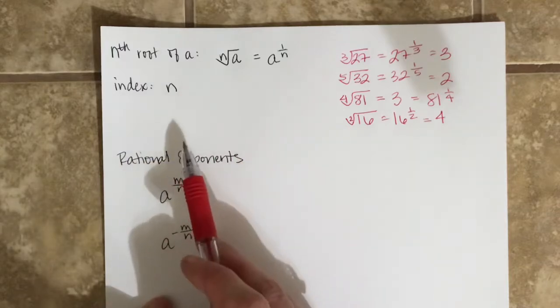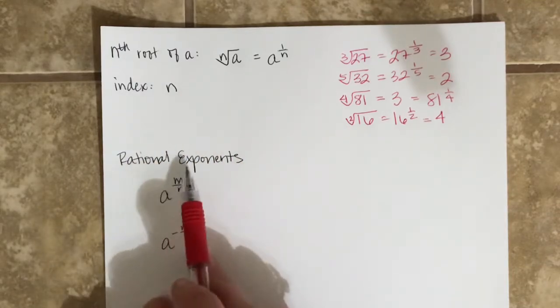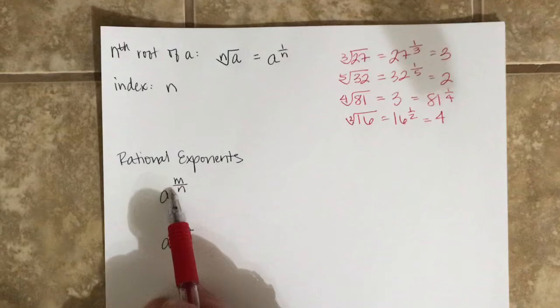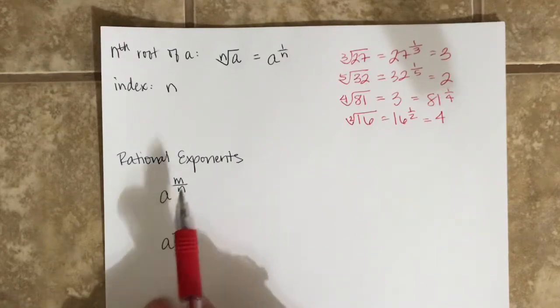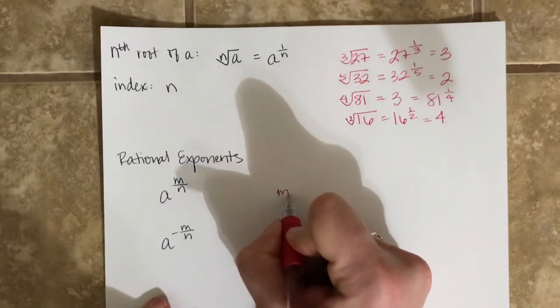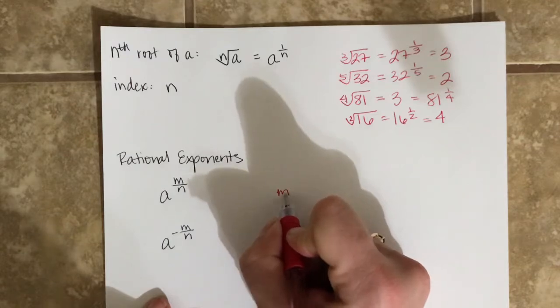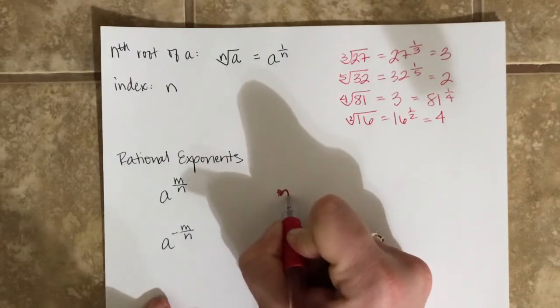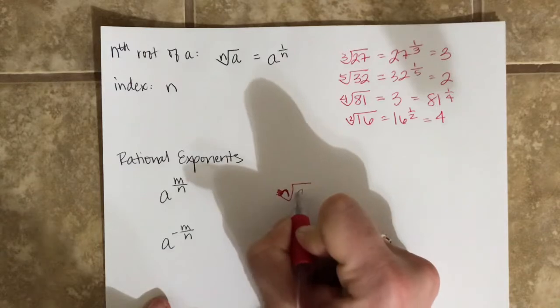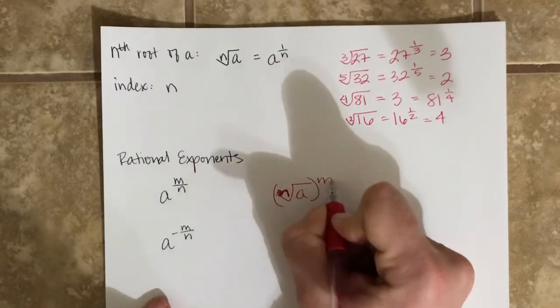Now, if you scoot down a little bit on your notes, you'll see a section called rational exponents, and it defines a to the m over n being essentially the nth root of a to the m.